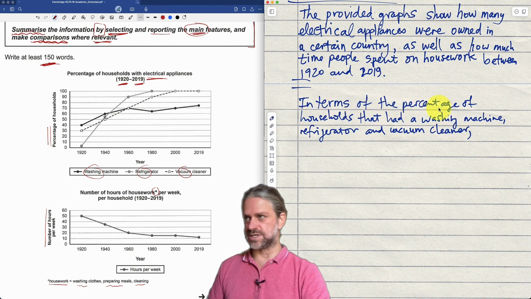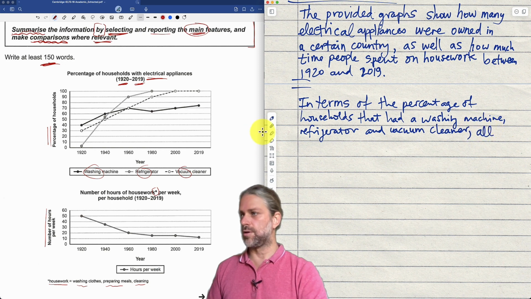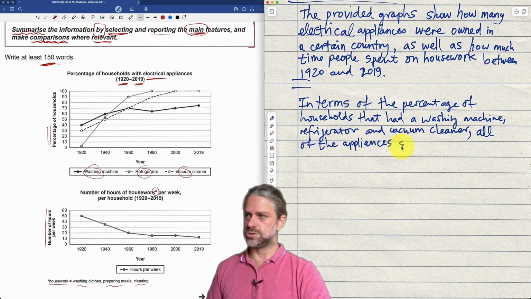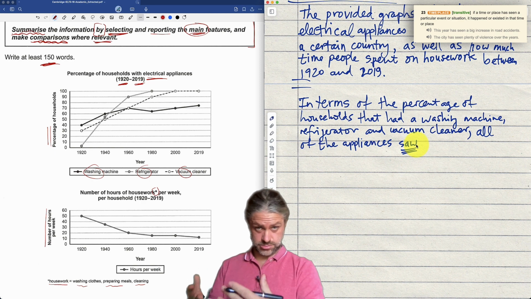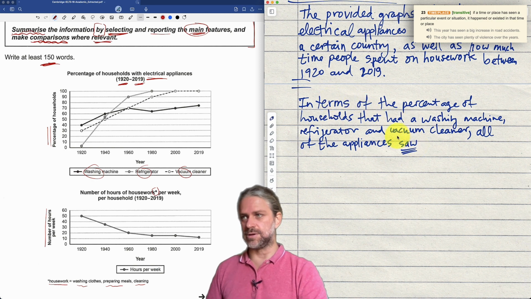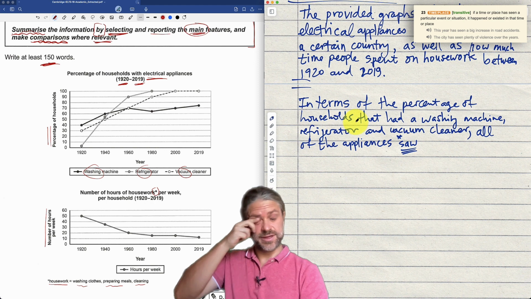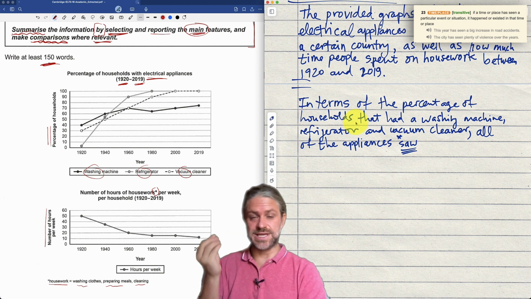So in terms of this, the percentage of these things, all of the appliances saw, this is very common to see, they saw, how do I explain this? I'll do a little something from the dictionary, how we use see in this way.